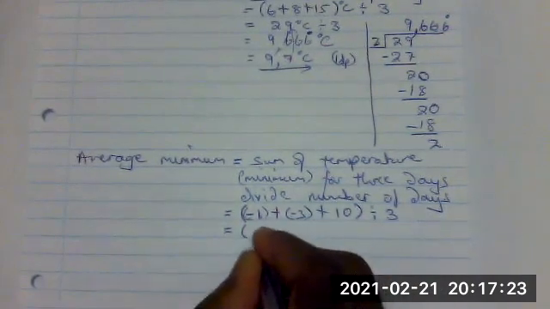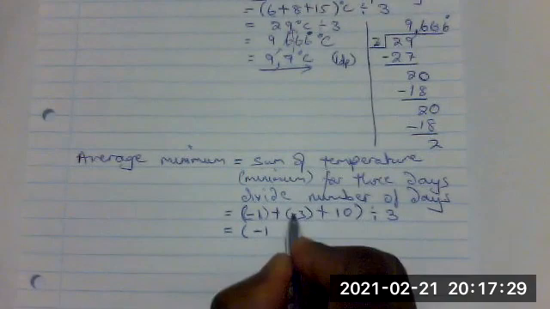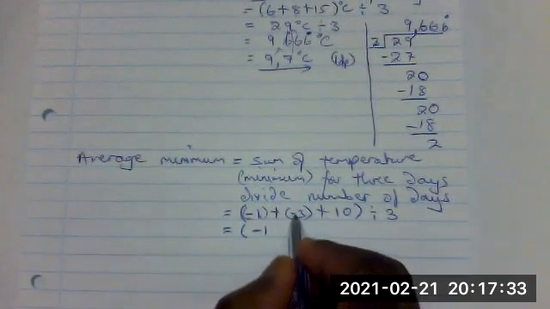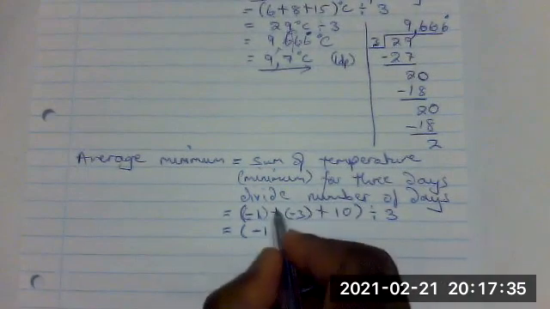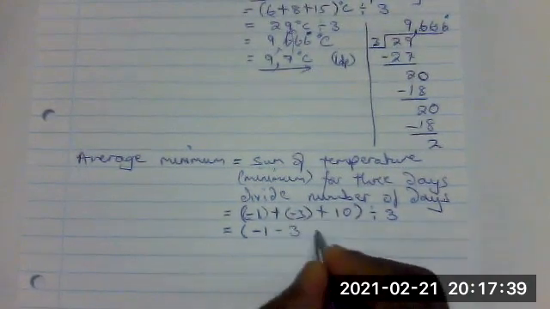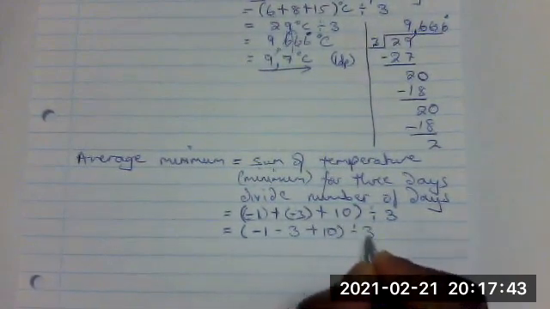So I have to remove those brackets. It's -1. Then plus multiplied by negative. I'm removing the brackets on the second number or second term. So it's plus multiplied by negative, it gives us -3 plus 10. Then divide everything by 3.